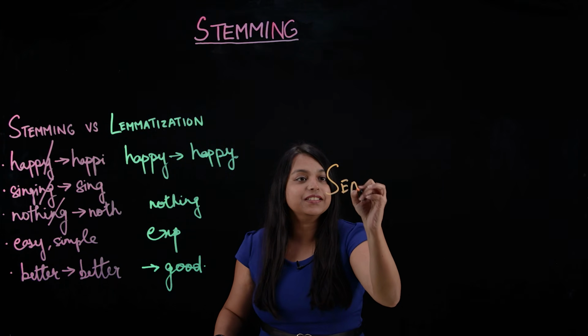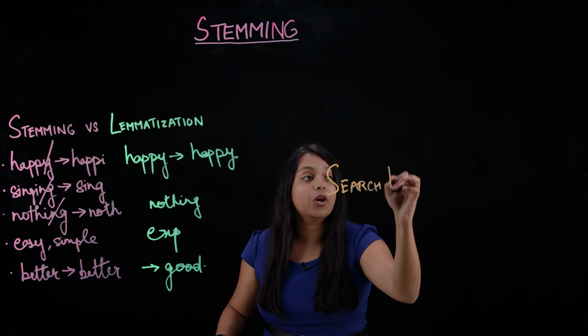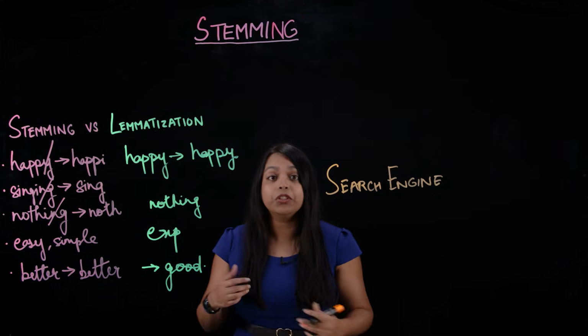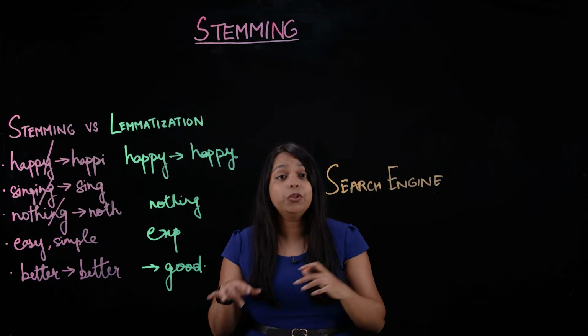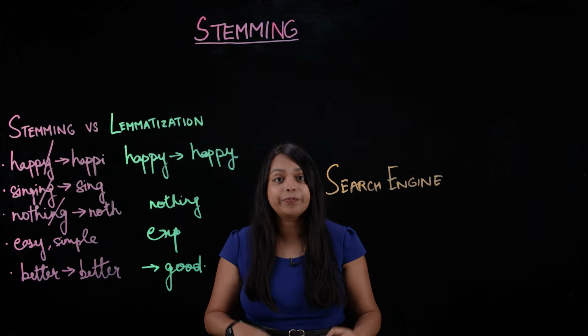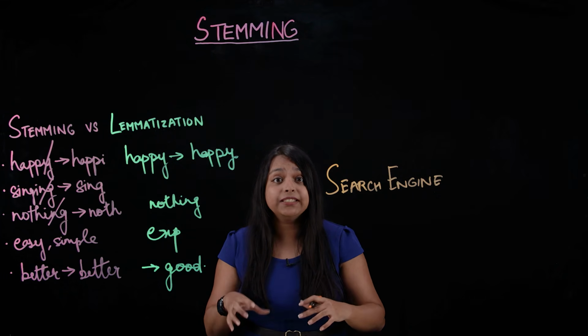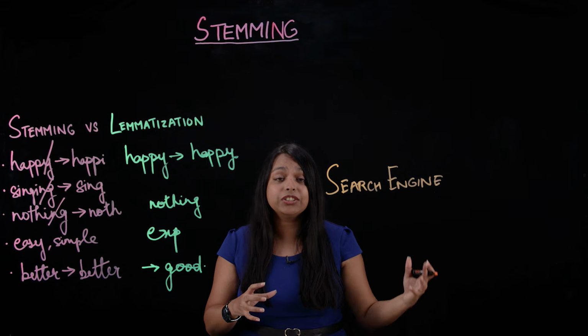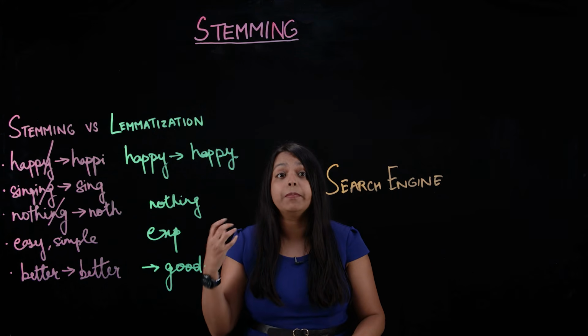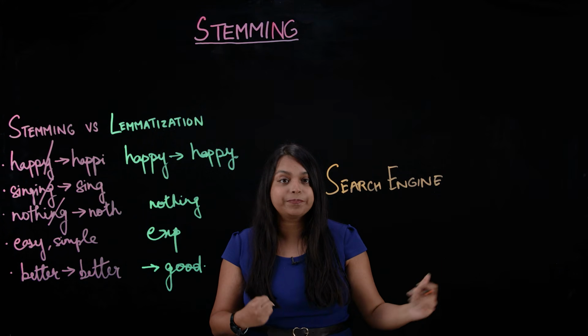First one is search engine or information retrieval. Think back to our example of wanting to become a millionaire and putting in a search query of how to invest to become a millionaire. Even though your query has the word invest, the search results and documents that come up have the word investment, or maybe investing, or invests.